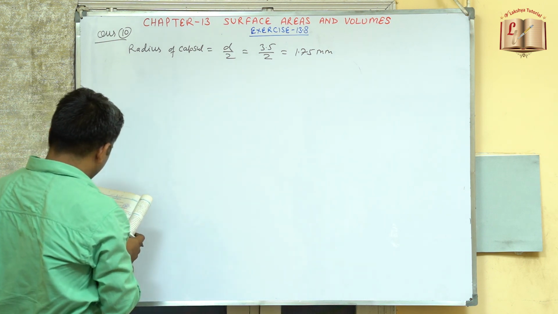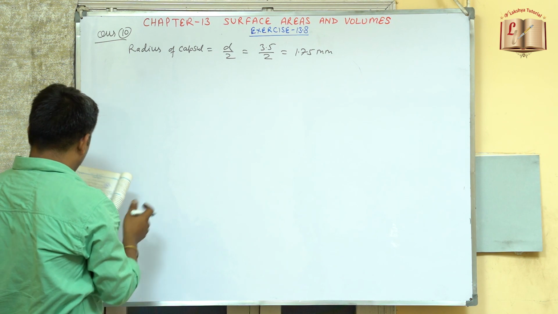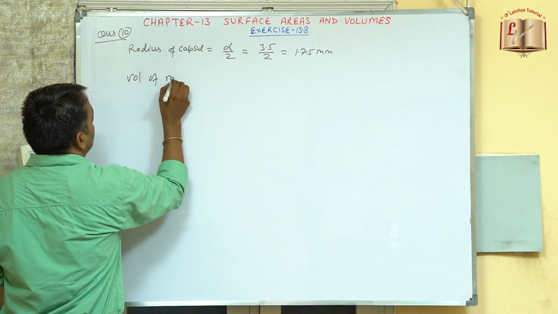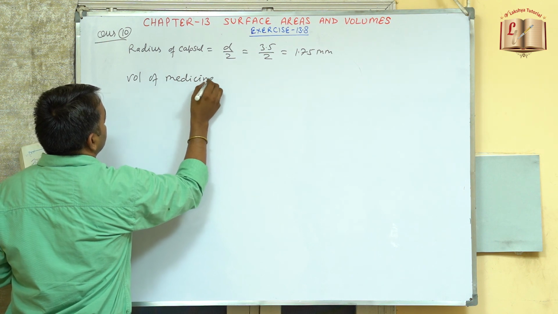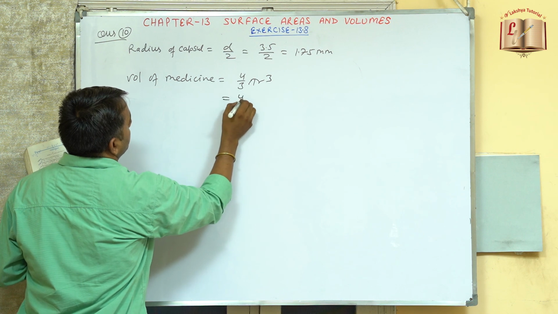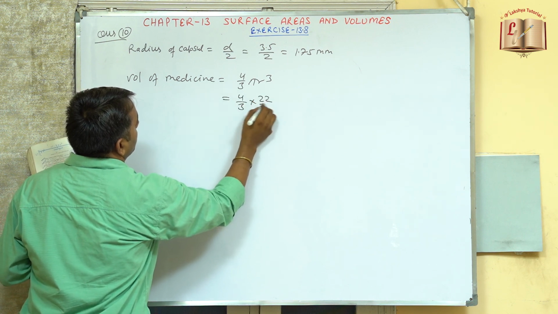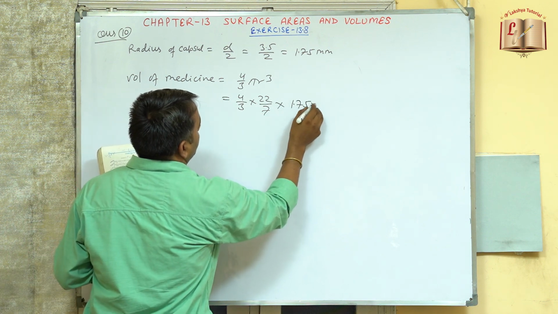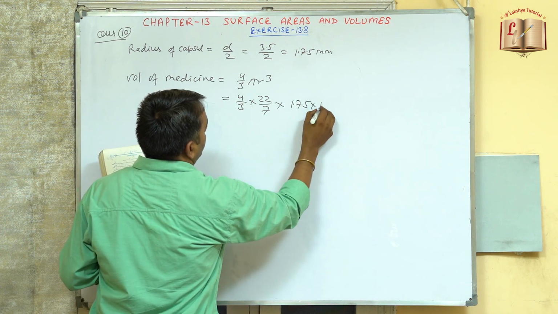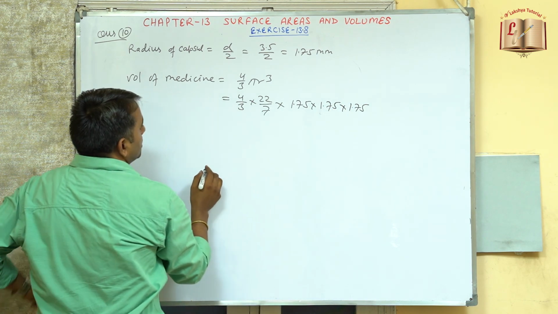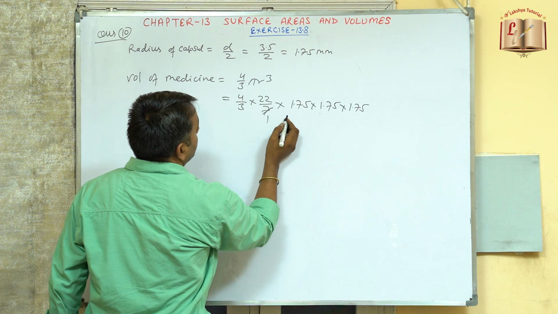How much medicine in mm cube is needed to fill the capsule? So we need to find out the volume of medicine. This is equal to 4 by 3 pi r cube. 4 by 3 into 22 by 7. R cube is 1.75 into 1.75 into 1.75. So we can calculate this one time.